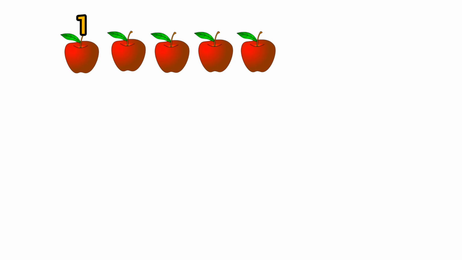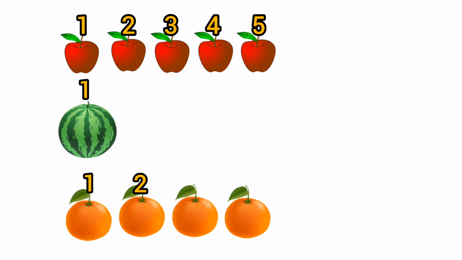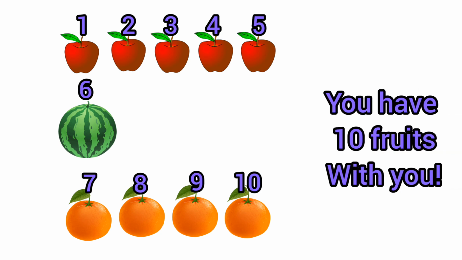Let's solve. 5 apples, 1, 2, 3, 4, 5. 1 watermelon and 4 oranges, 1, 2, 3, 4. So, let us add all the fruits you have. 1, 2, 3, 4, 5, 6, 7, 8, 9, 10. You have 10 fruits with you.